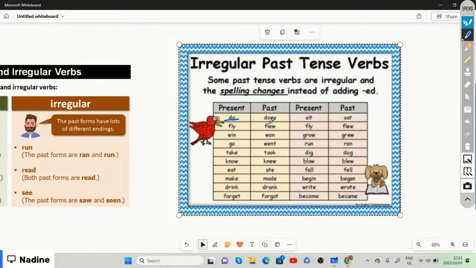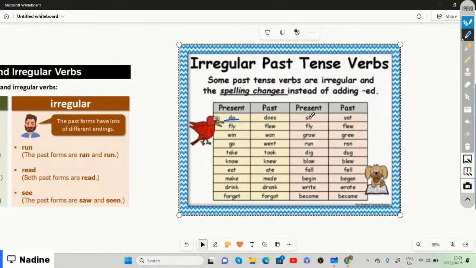So, do the chores, that is do. But in the past tense, you say did the chores.